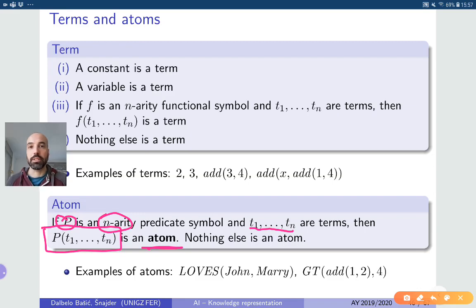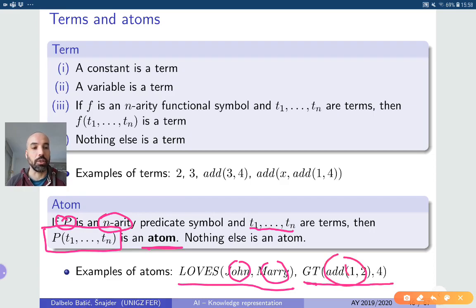In other words, an atom is a predicate that takes some terms as input, and terms can be constants, variables, or function terms applied to other terms. For example, loves(John, Mary) is an atom applied to two constants, and greater-than GT, for example, is an atom applied to a function application, which in turn is applied to two constants, and another constant.